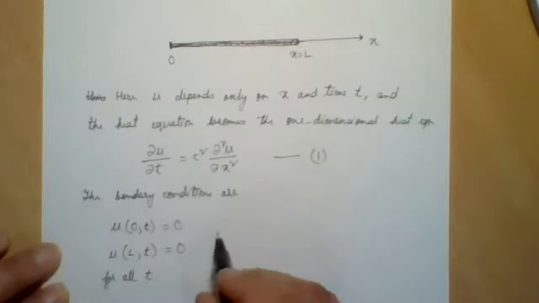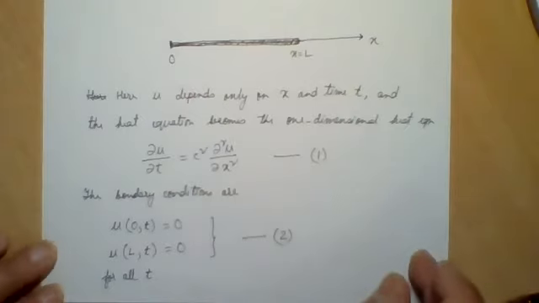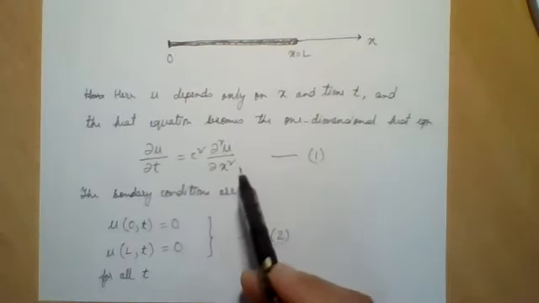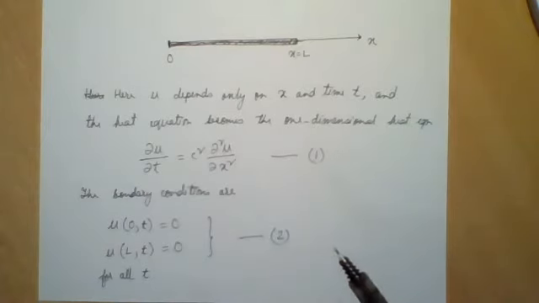This we call equation number 2. Fine. So we are going to solve this differential equation subject to this boundary condition. And furthermore, we need to add the initial conditions. Okay, so let me write it on a new sheet of paper.